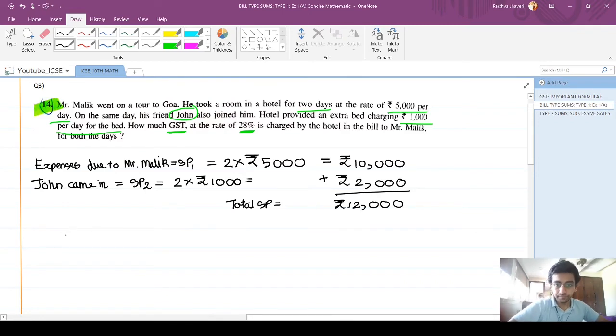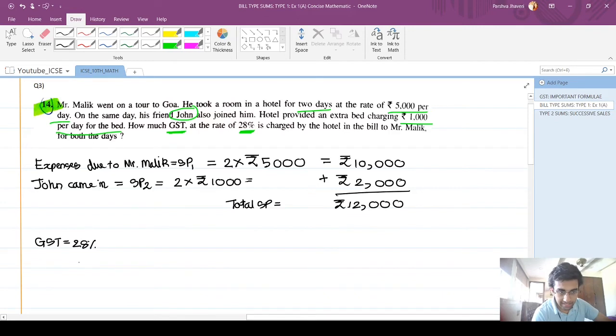Now, how much is GST? GST rate going in the hotel is 28%. How much GST did Mr. Malik pay? So Mr. Malik, when he went to the reception and they showed him the bill, what was the GST?